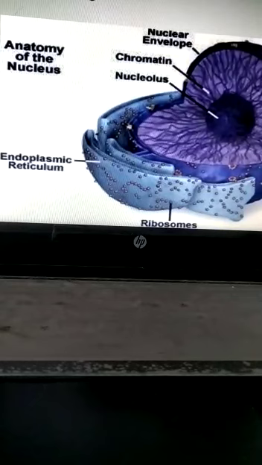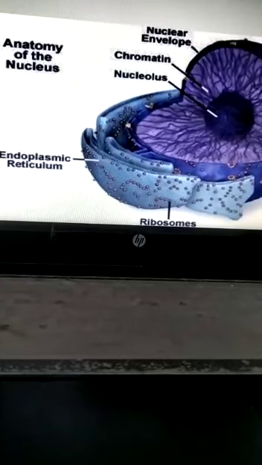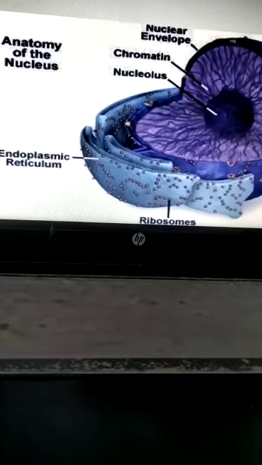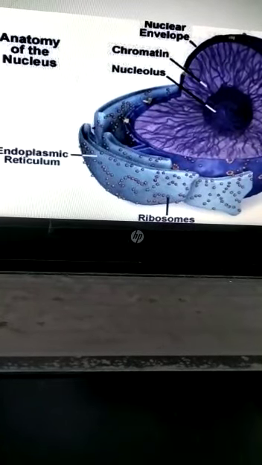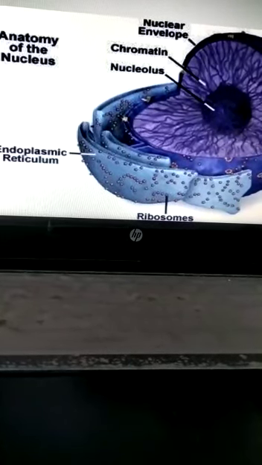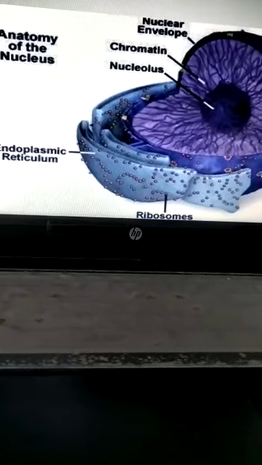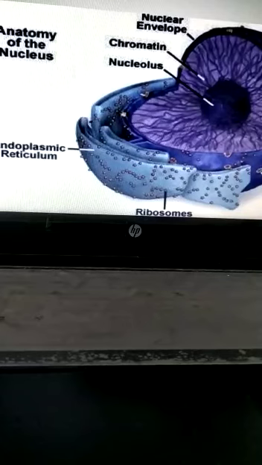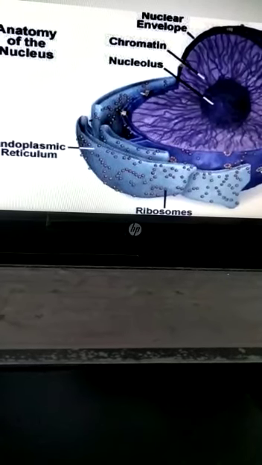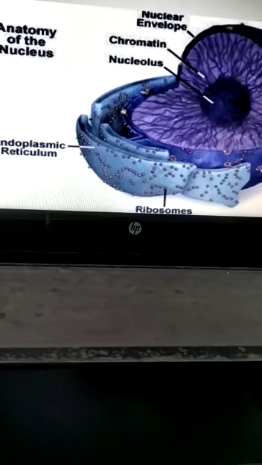Nucleus controls all metabolic activities taking place in the cell. It also participates in the cell division to produce genetically identical daughter cell by a process known as mitosis.